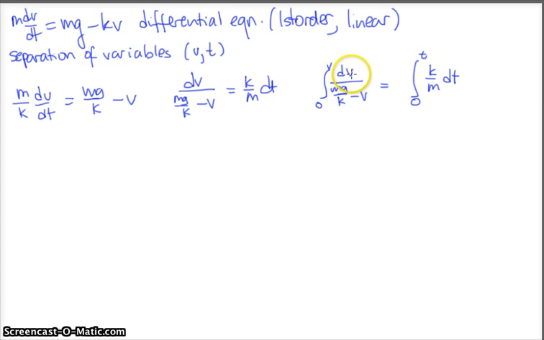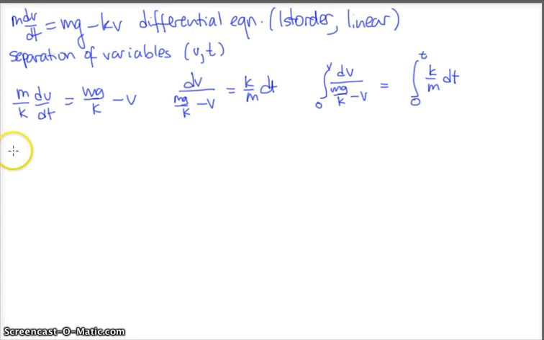So the integral, or the antiderivative, of dv over mg over k minus v is basically like 1 over v, only not really, it's 1 over negative v. When you integrate 1 over v, you get natural log. When you integrate negative 1 over v, you get negative natural log.